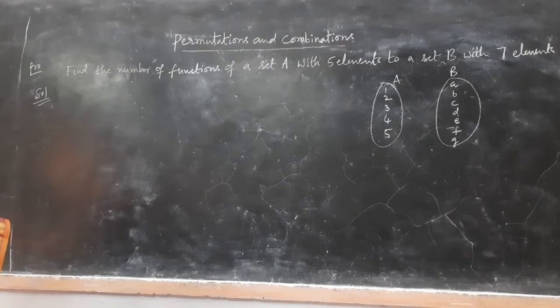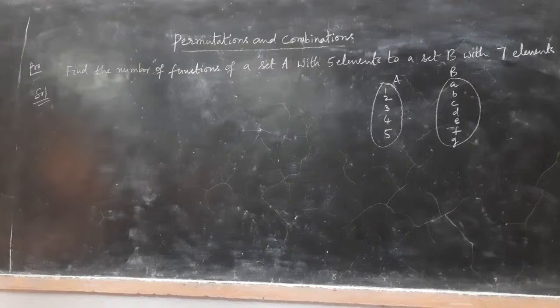So here, using our permutations, we can count the number of functions from a set A to a set B when the number of elements in the sets is known. That is an important concept here. Both in functions and elsewhere, it is important to find the number of surjections or the number of injections.